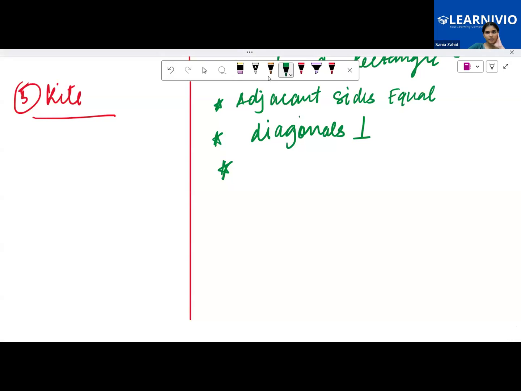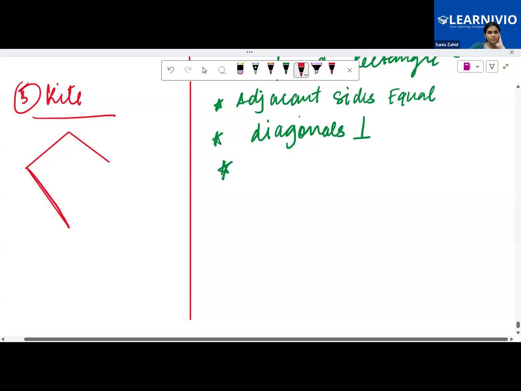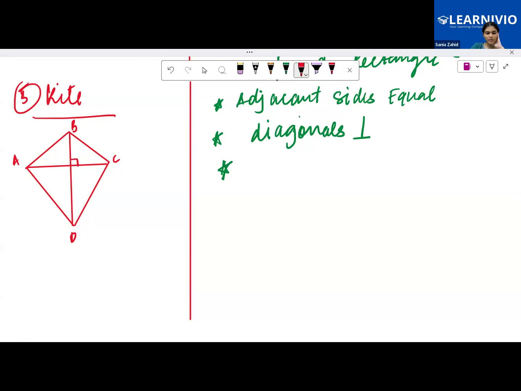It's like this. You have this diagonal, and you have another diagonal. See, you have a 90-degree angle. That means diagonals are perpendicular. They are cutting each other at 90 degrees. So they are perpendicular bisector.